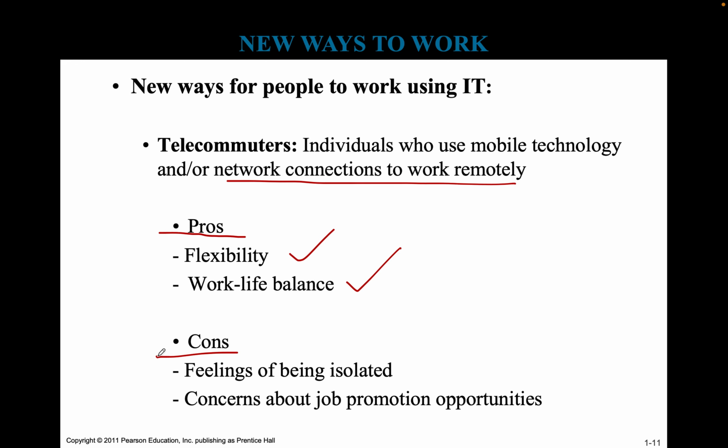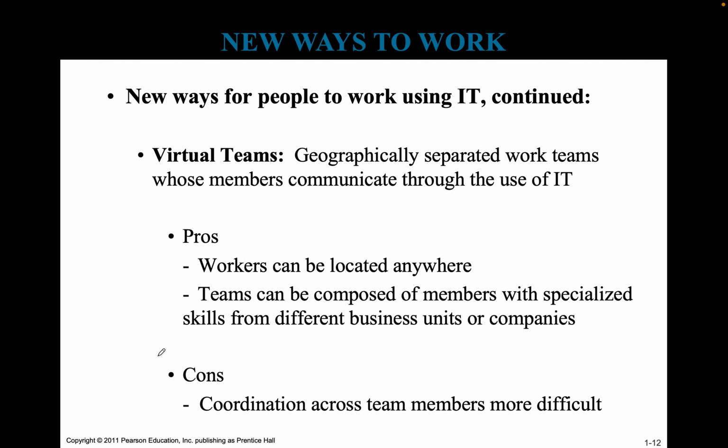Now that's number one, telecommuters. Number two of the new ways upon which people work today using IT infrastructure is the virtual teams. Geographically separated work teams whose members communicate through the use of IT infrastructure. In the past, this was not possible, but today people can work as a team from different parts of the world.